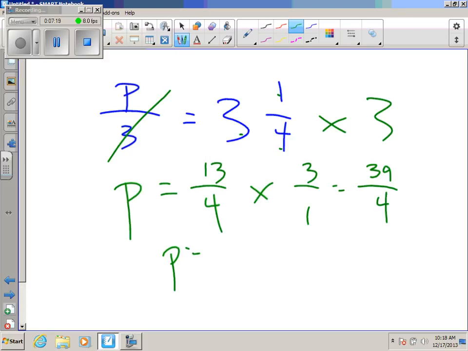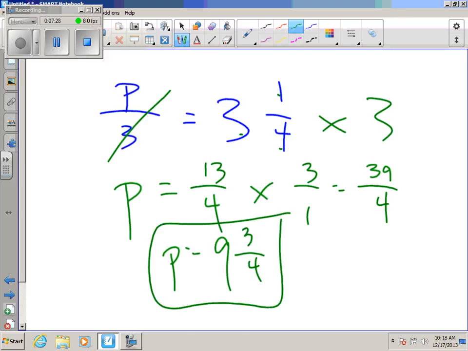How many times does 4 go into 39, Sophia? 9 gives me 36, so there's 3 left over. Now 9.75 is the same thing as 9 3/4. But I think if there's a common theme here throughout this chapter where we're using fractions and mixed numbers, you're probably best off to just try to stay with that. What else?